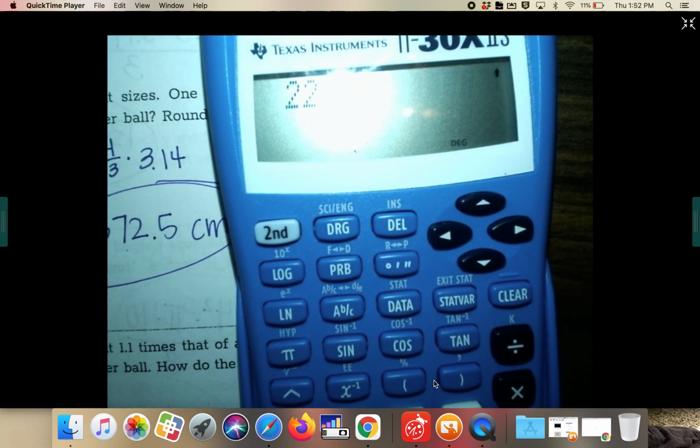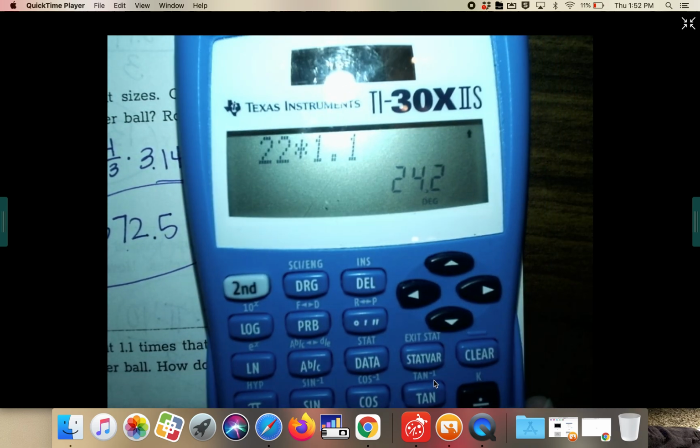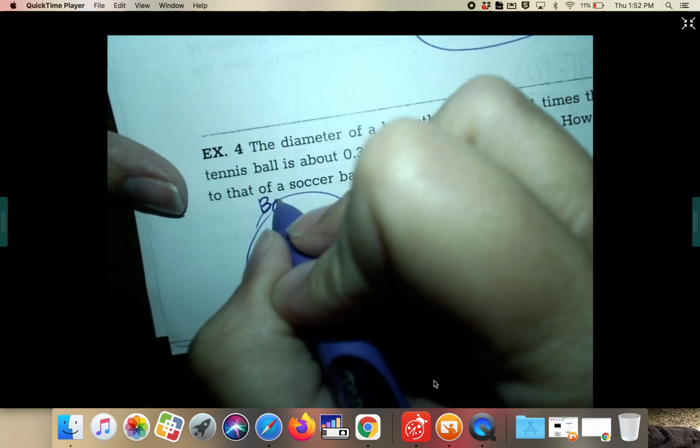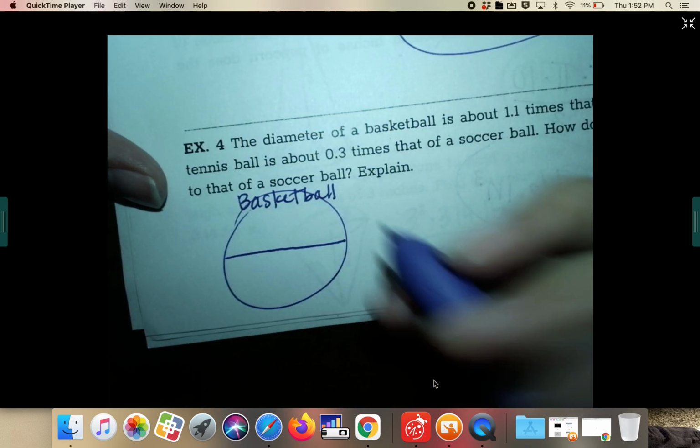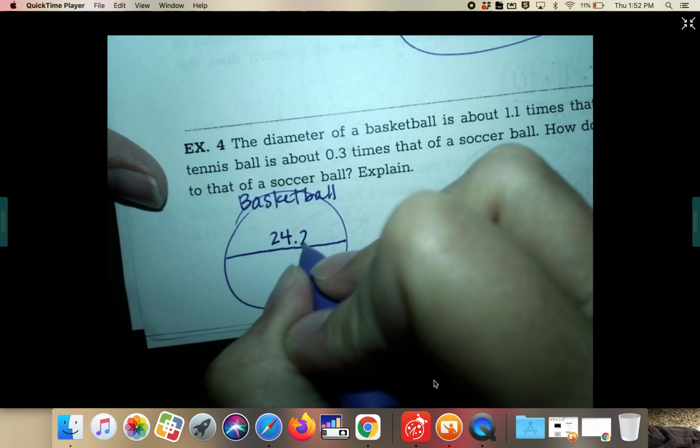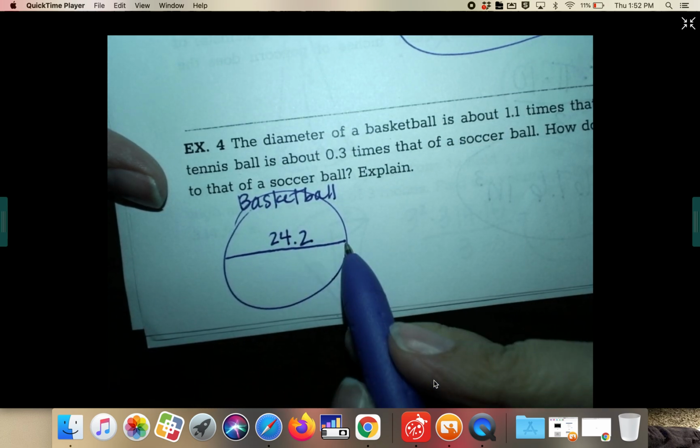So 22 times 1.1 is going to be 24.2. So if this is a basketball, my diameter of a basketball would be 24.2. That's the whole diameter. That's not the radius.